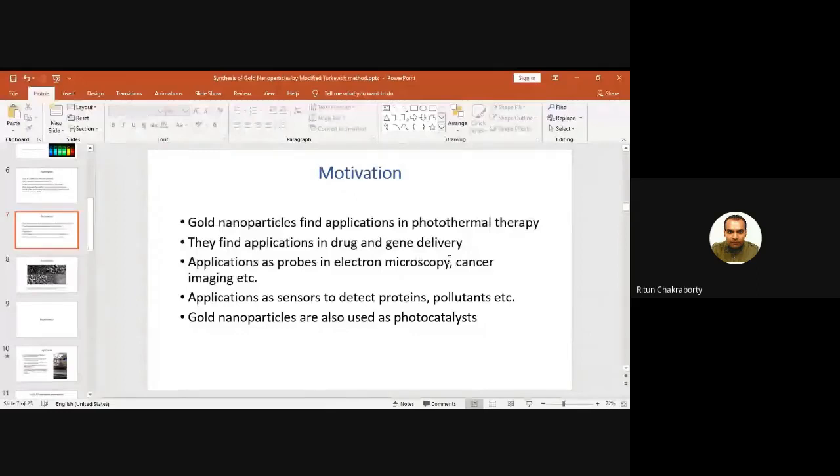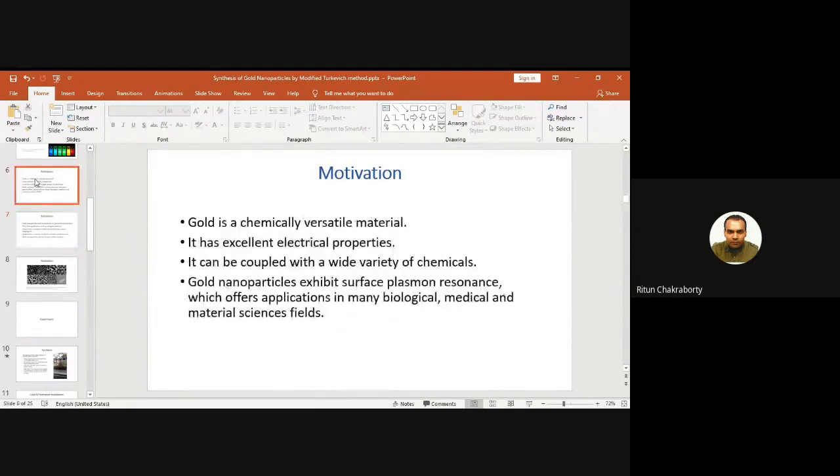Photothermal therapy, drug delivery, electron microscope, cancer imaging, protein detection, pollutant material detection, also used in photocatalysis. So these are the various fields in which gold nanoparticles find application. So that's motivation. Motivation means why you want to work with gold nanoparticles.